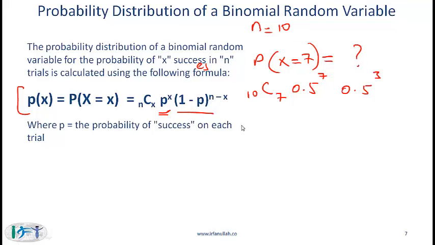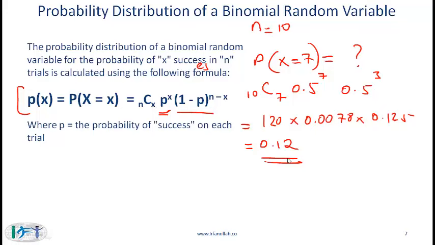If you do the calculation, which ideally should be done on a calculator, so you should do 10C7 on a calculator and then multiply that by 0.5 to the power of 7 and then multiply by 0.5 to the power of 3, you should get 0.12.